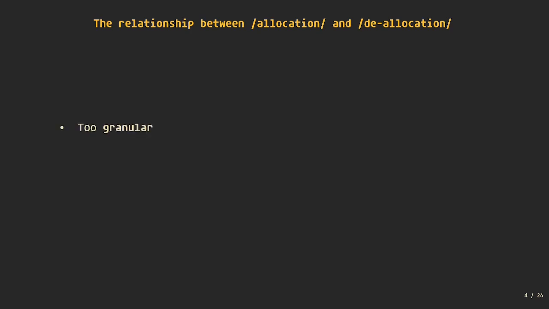But if we look even further into it, this relationship, the symmetry between allocation and deallocation, is too granular and only really works for smaller scopes. The moment that you try to deal with nested allocations and deallocations, it's really easy to lose yourself in that. It's too simplified in the sense that you think about it entirely in the symmetric relationship that malloc and free have.